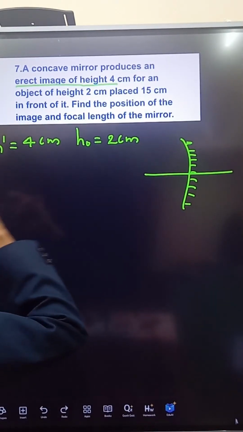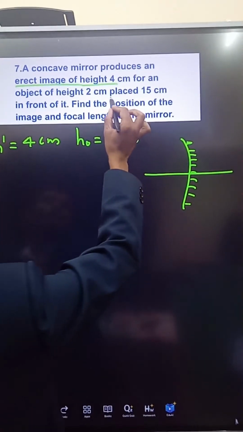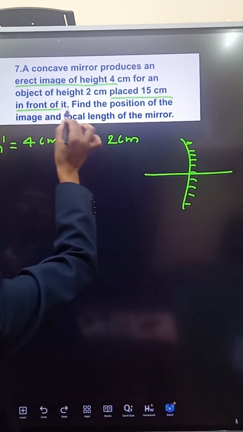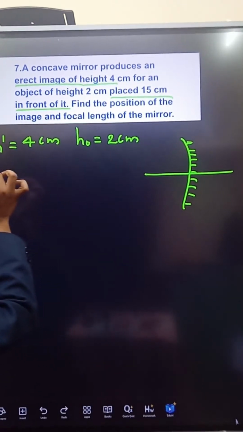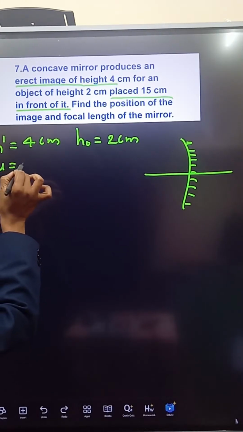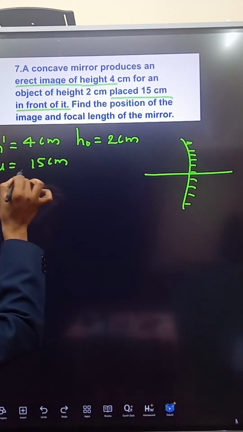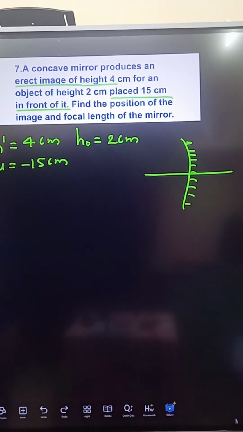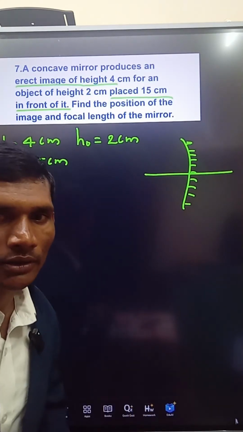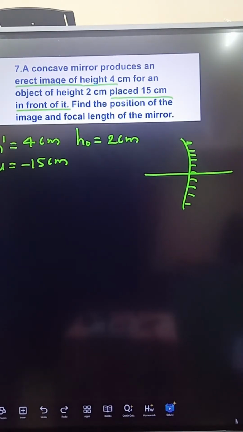Placed 15 centimeter in front of it means object distance, 15 centimeter, but the value will be negative, because object distance will always be negative, as we have already understood in sign convention earlier, right? Next.